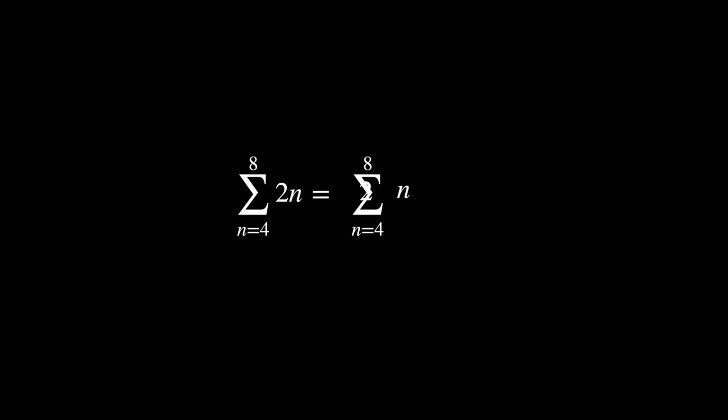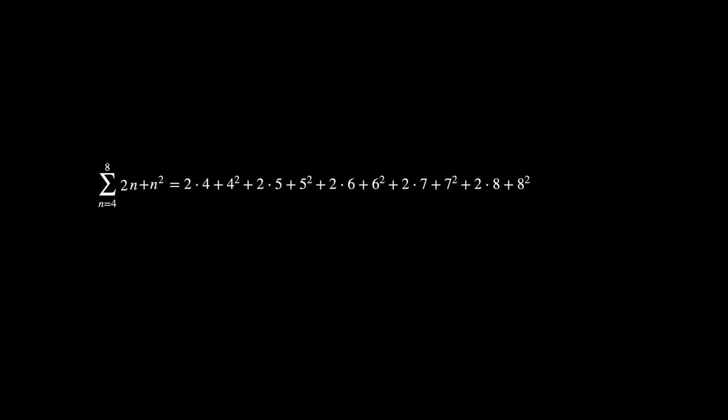So another thing that this means, if our sigma is now saying 2n plus n squared, that's going to look like this. We're going to have 2 by 4 plus 4 squared, plus 2 by 5 plus 5 squared. Because it's a whole bunch of things that are added together, we can change the order.